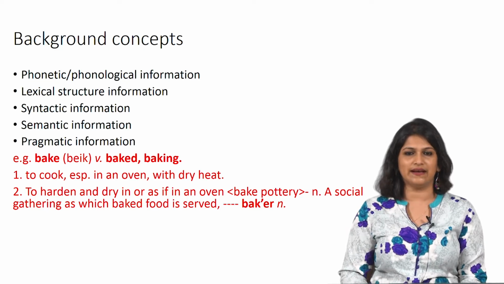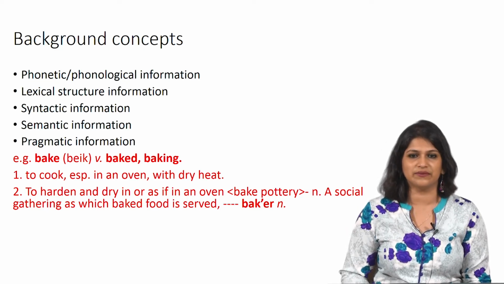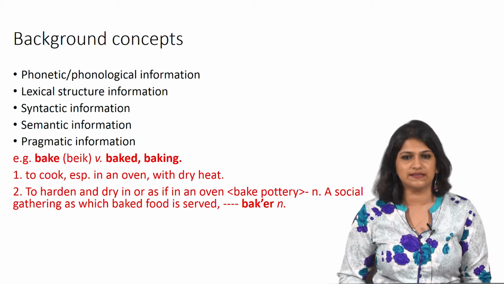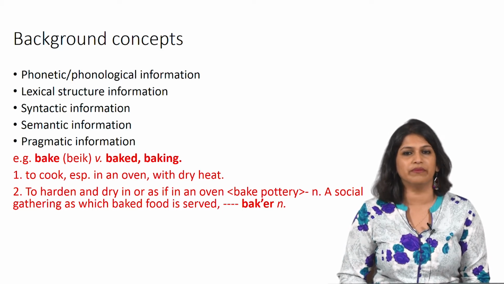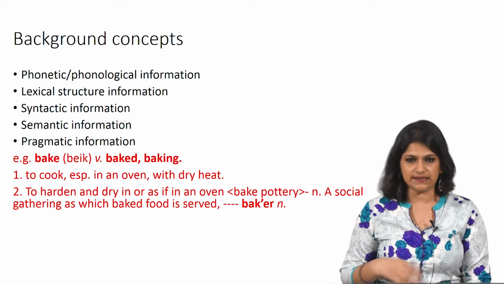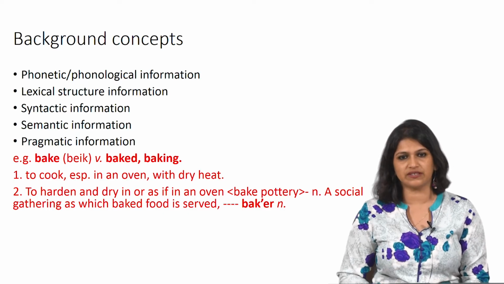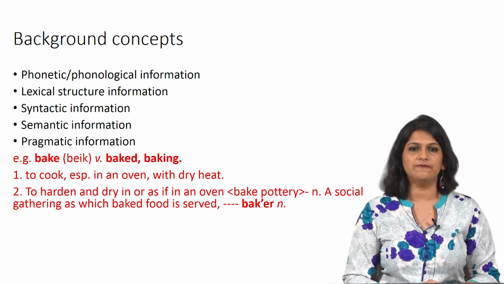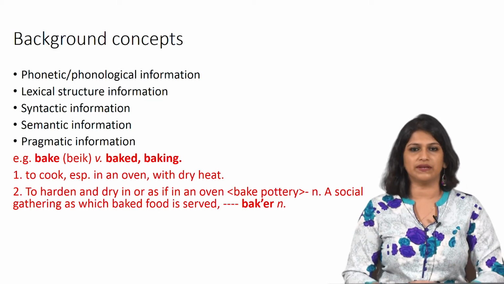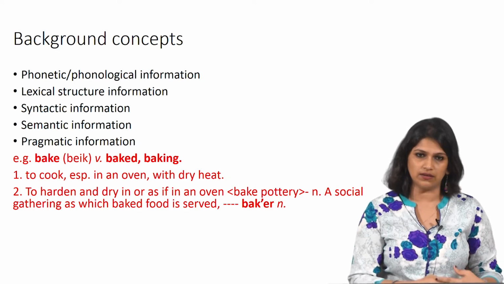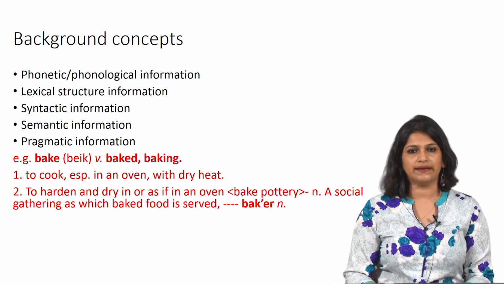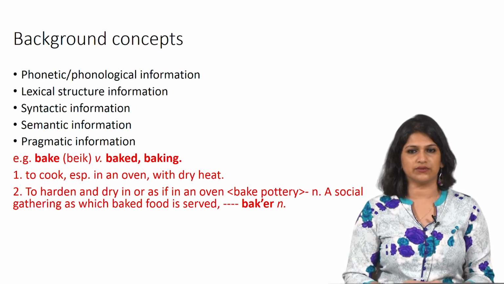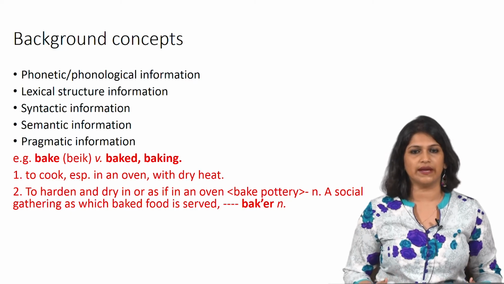So when you say a social gathering at which baked food is served, you are referring to a baker. There are different ways by which it can be referred to pragmatically in discourse. These are the related information that you may infer whenever you encounter any word, be it old or new. And this is not related only to English, it can be extended to any other language.